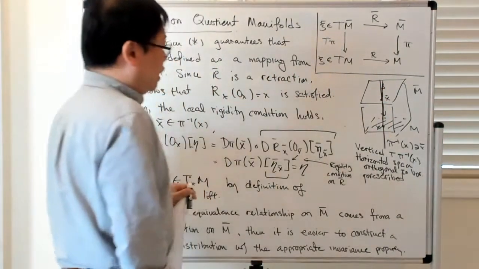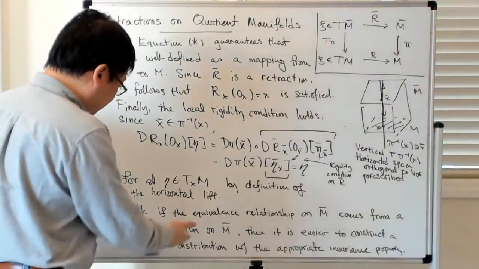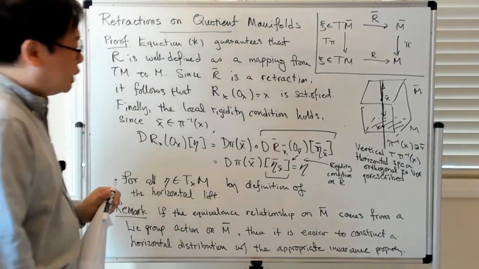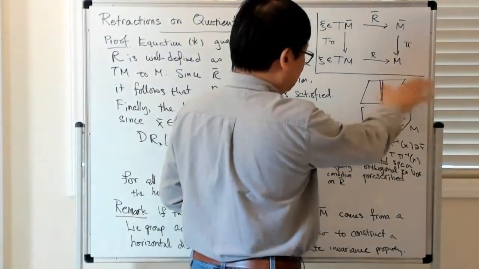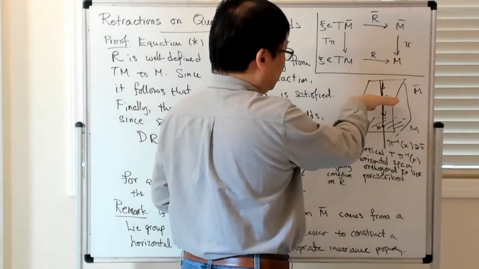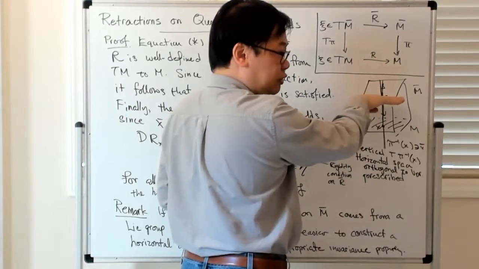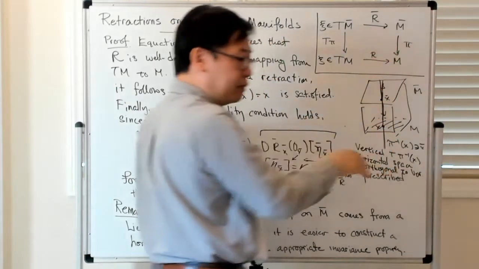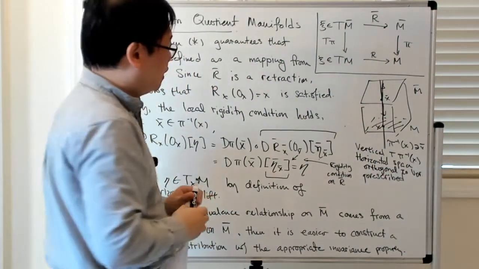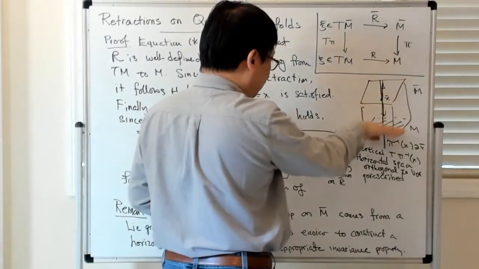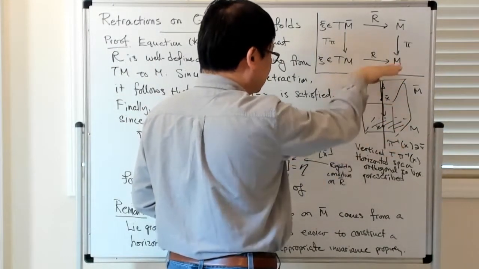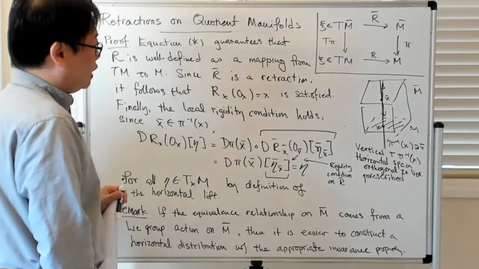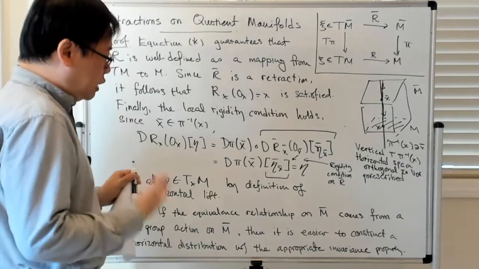All right, and the advantage of having the equivalence relationship defined in terms of this Lie group action is that, since it's an action which lives on this space, you can basically pick a horizontal distribution in one space and then move that around along the fiber through this group action. Okay, and in so doing, you have a choice of horizontal subspaces which plays nicely in some sense.